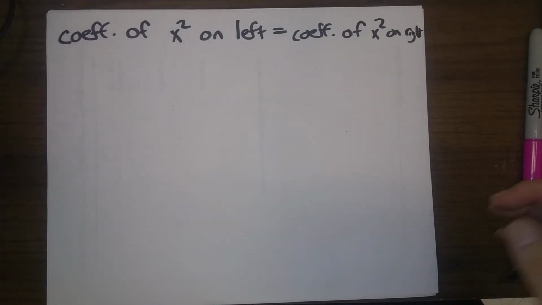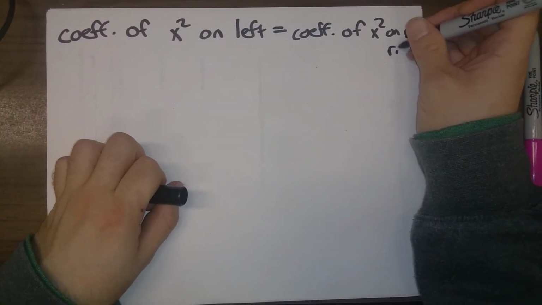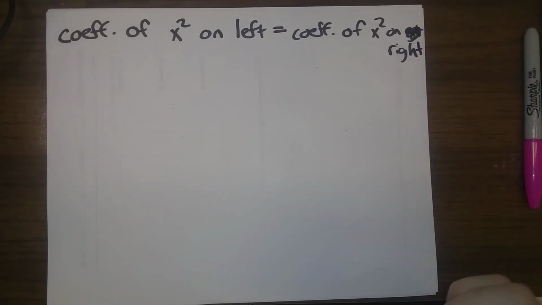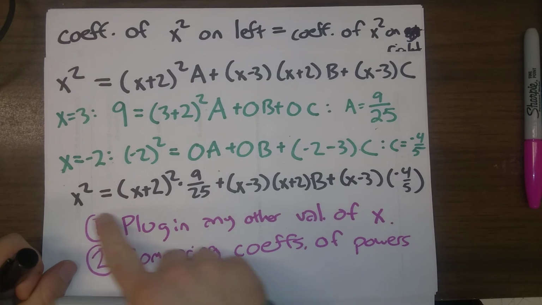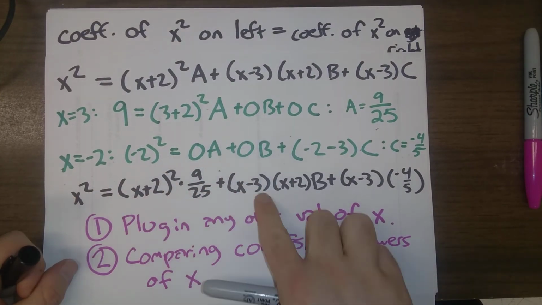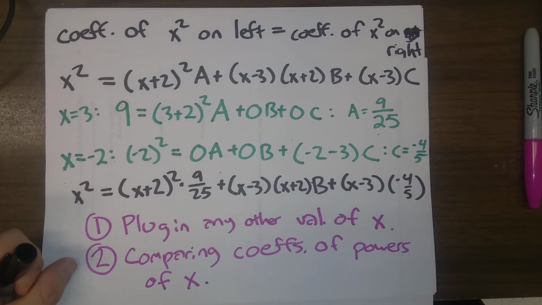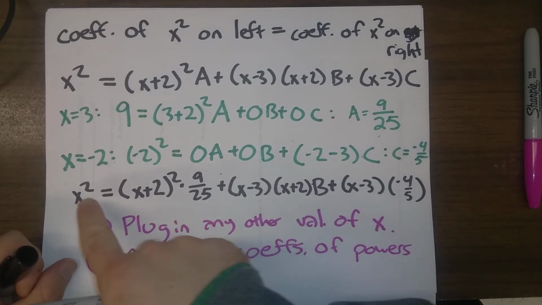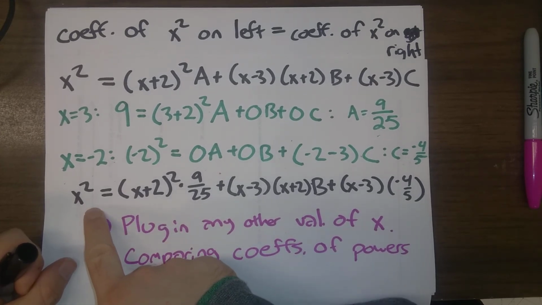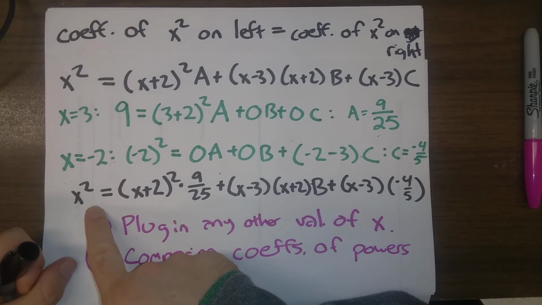What are those coefficients? So what's the point here? Once again, these two are exactly the same polynomial, so they have to have the same coefficients for the same terms. So the coefficient of x squared on the left is 1.